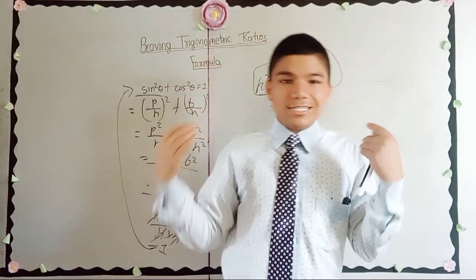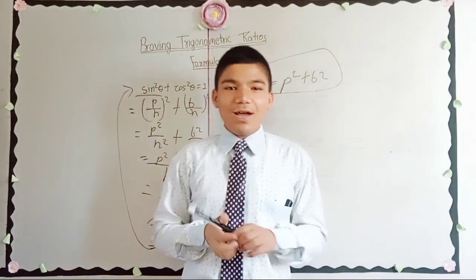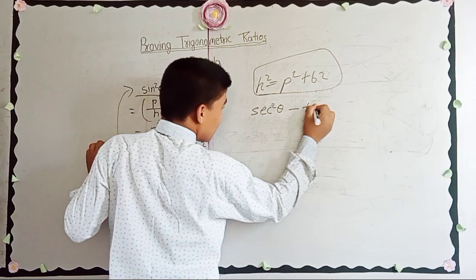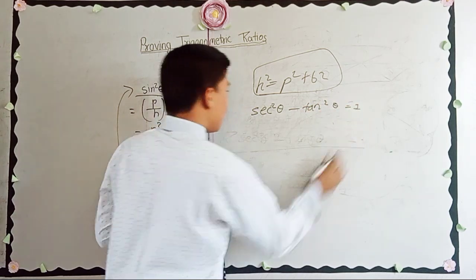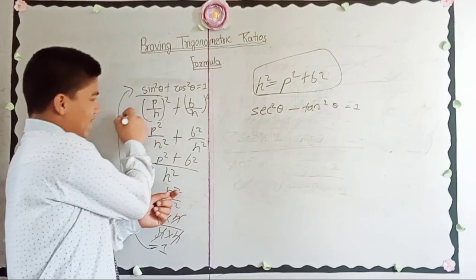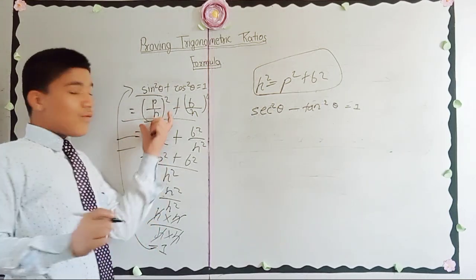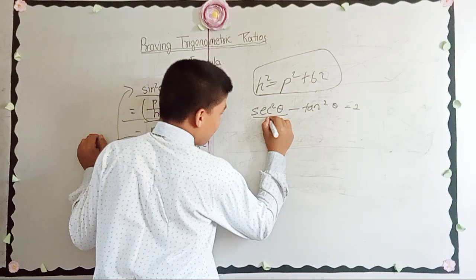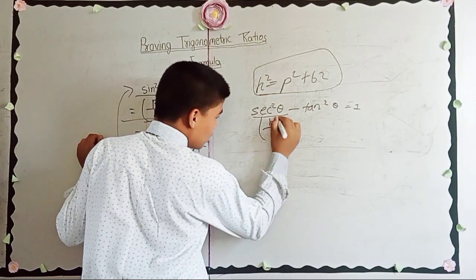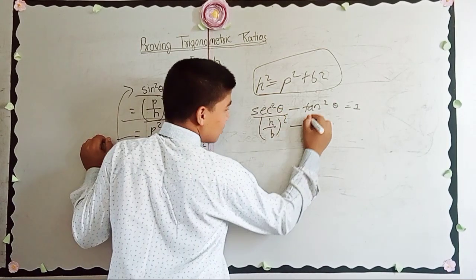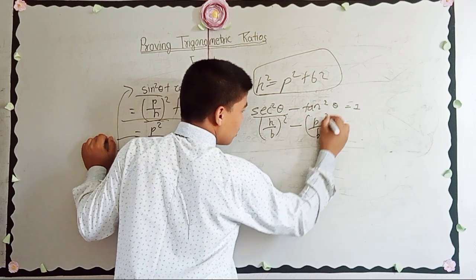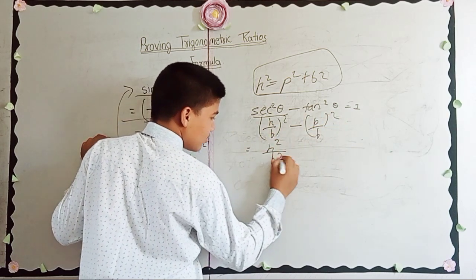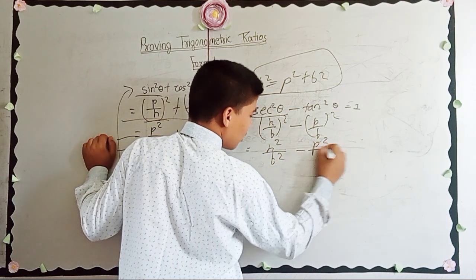Now for the next Pythagoras relation formula, we have sec square theta minus tan square theta is equal to 1. Here again we have to follow the same steps. Firstly we have to convert this into ratios form. So the ratio of sec square theta is h by b, whole square, because here is square. Now minus tan, means p by b whole square, is equal to h square by b square minus p square by b square.